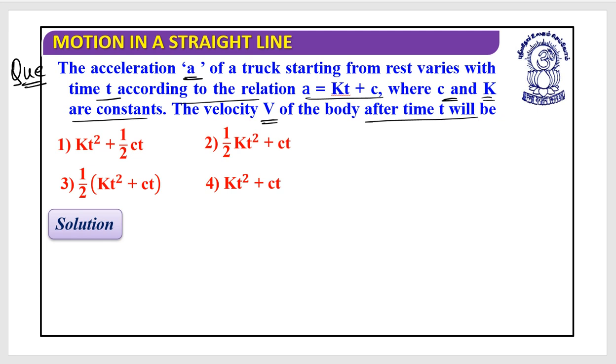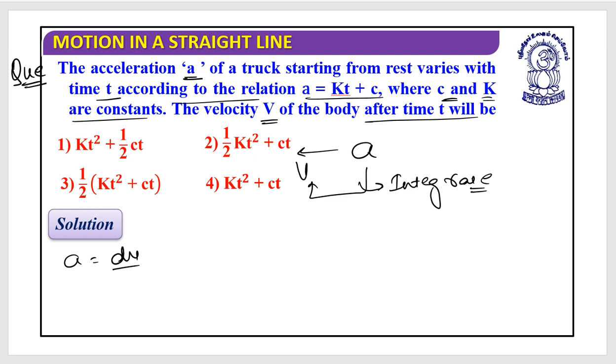Acceleration is given and velocity is required, so you need to integrate this. We have a equals dv by dt, and from this we know that dv equals a dt.